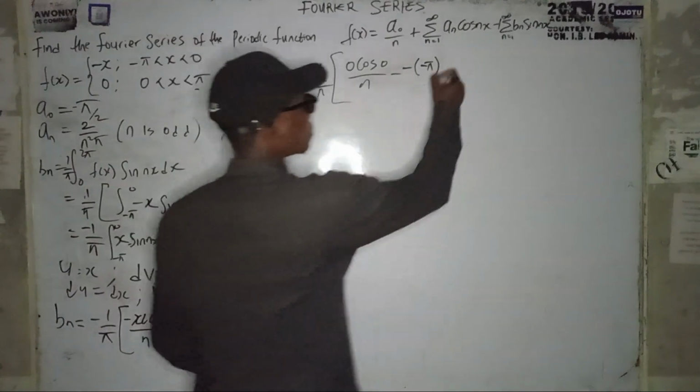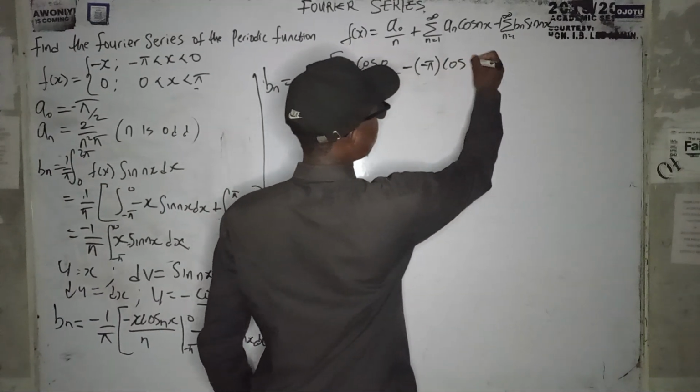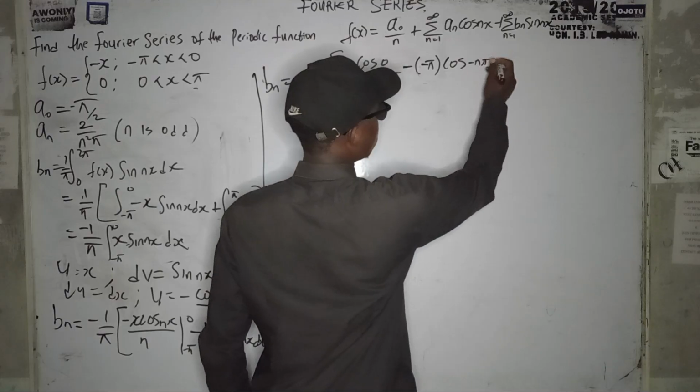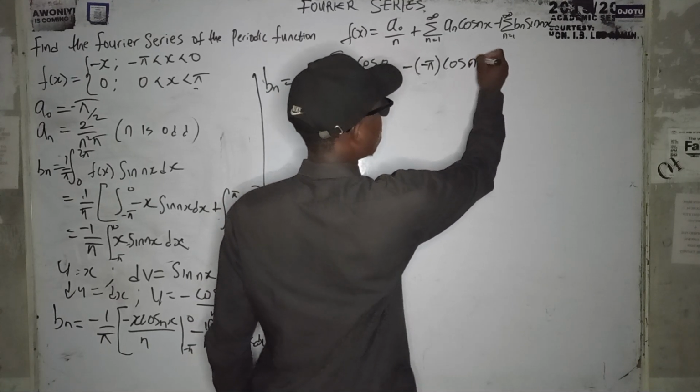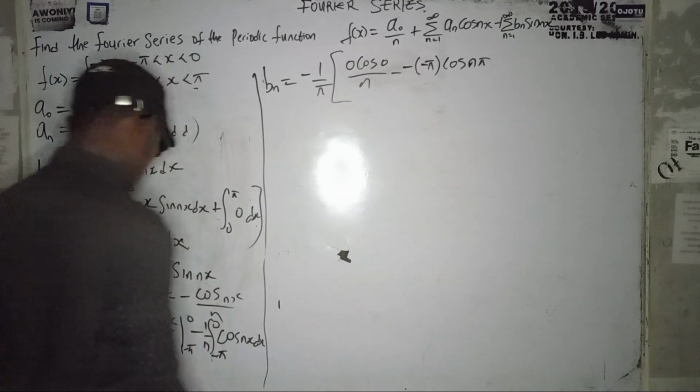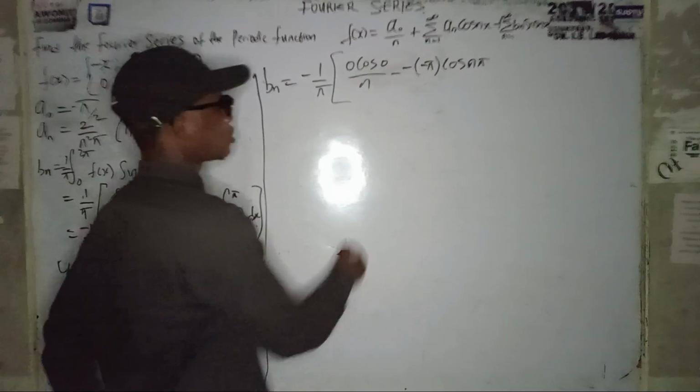Then we have cos of minus n pi, which would cancel the minus outside because cosine is an even function, minus n pi over n.